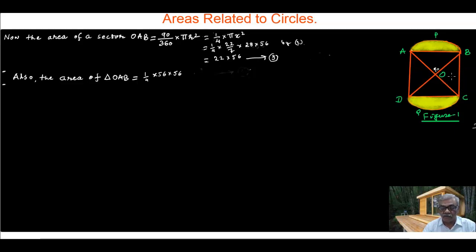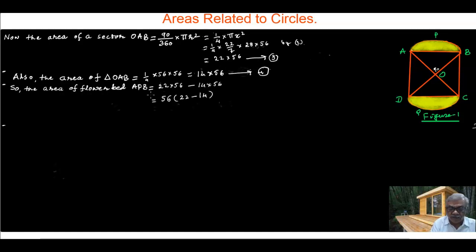All have equal area, and therefore one triangle OAB or any other triangle is 1/4 of the area of the square. That we have written here, 1/4 of 56 into 56, which is the area of the square. And this is equal to 14 into 56. Let me call it equation number 4.